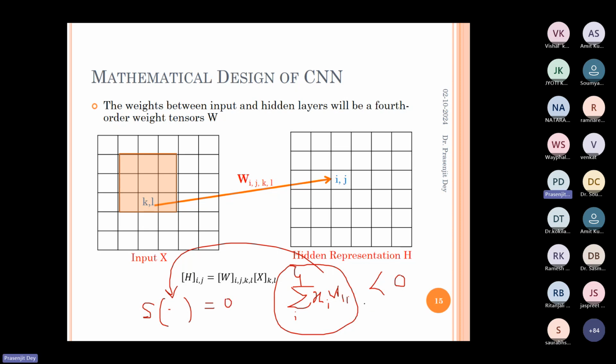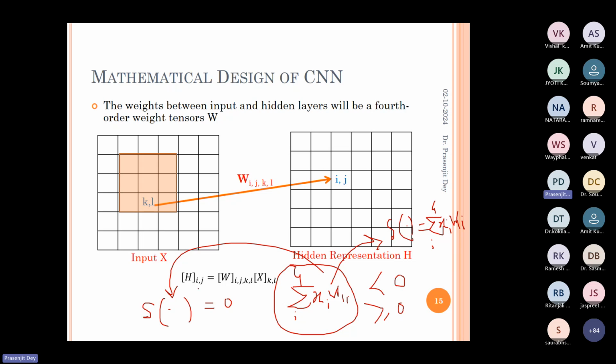And if it is greater than or equal to 0, in that case the output of this will be just this value, the sum over i from 1 to 4 of xi w1. So this is called the ReLU activation function.